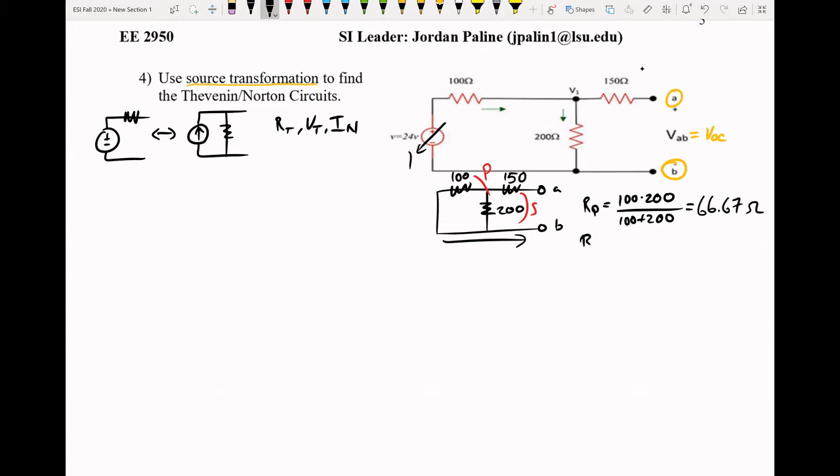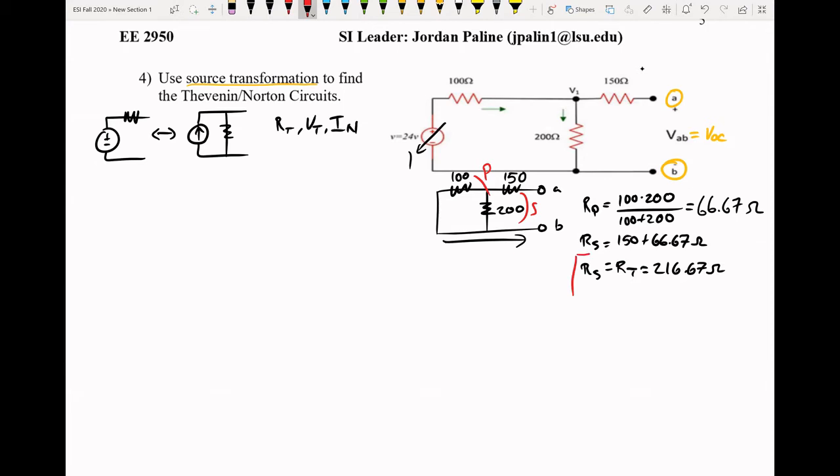Then R series will give us 150 plus 66.67 ohms. R series, which is equal to R Thevenin, will be 216.67 ohms.